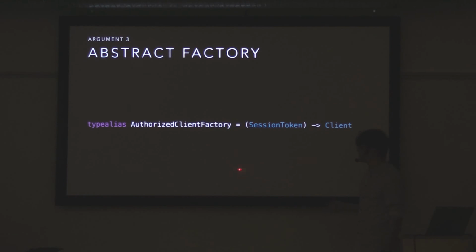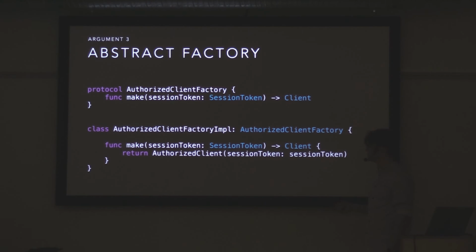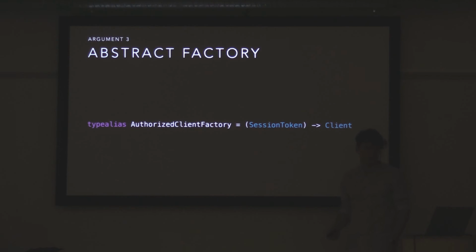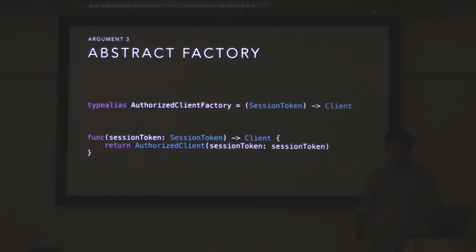Implementation is as simple as the protocol itself, almost. So if you're one of the lucky ones and your language has functions which are first-class citizens, then you can basically say that it's simply a function which takes something and creates. And you can use it even this way.